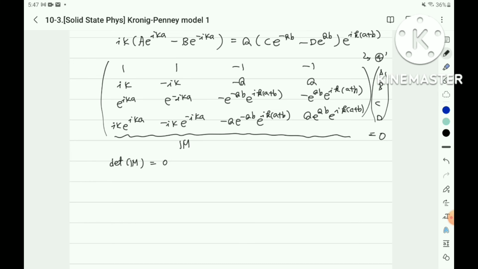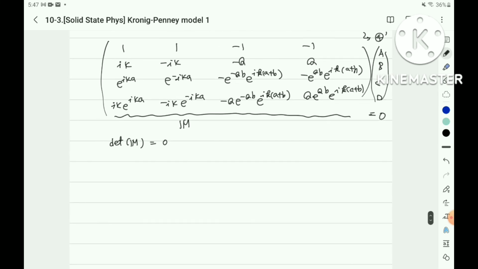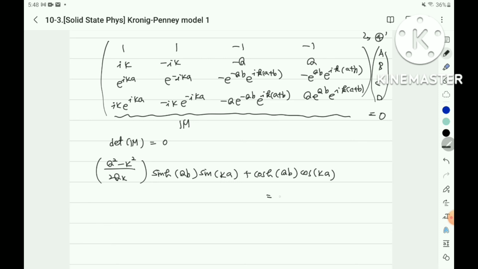The final result of determinant M equal to 0 is (q square minus k square) over 2qk times hyperbolic sine qb times sine ka, plus hyperbolic cosine qb times cosine ka, equal to cosine k(a plus b).